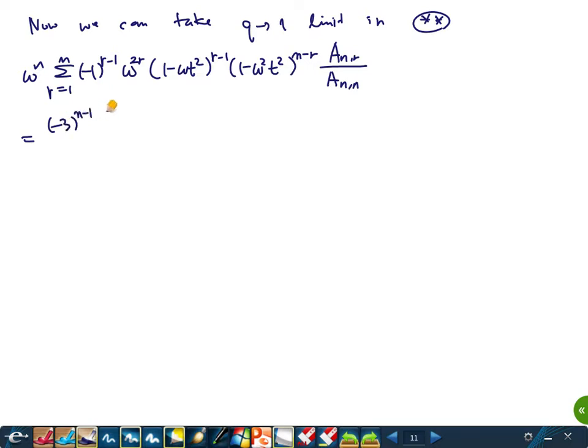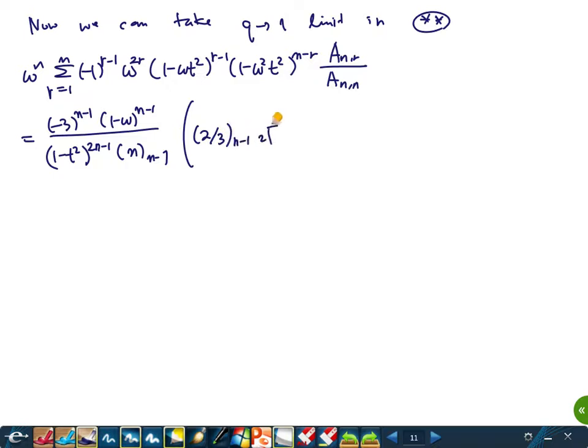Now we don't have any Q here. Everything is just polynomial in T. Or 2F1. 2phi1 becomes 2F1.